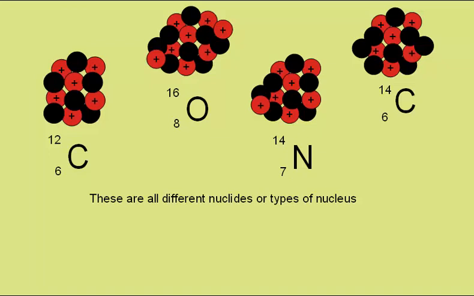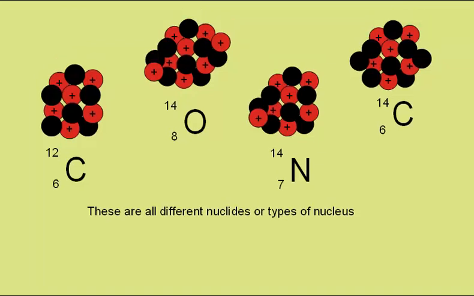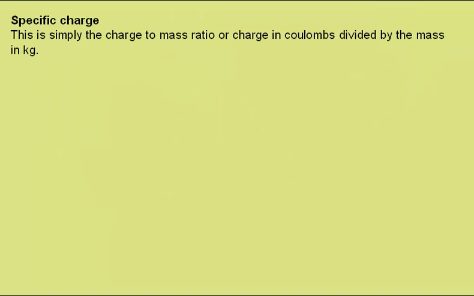Now to look at specific charge. This is simply the charge to mass ratio, or the charge in coulombs divided by the mass in kilograms. It can apply to nucleons, that's protons and neutrons, or ions, that is atoms that have lost or gained electrons, or electrons.